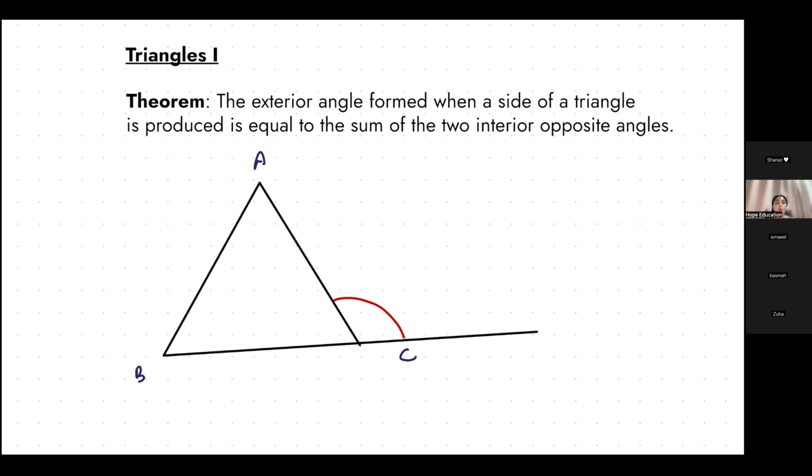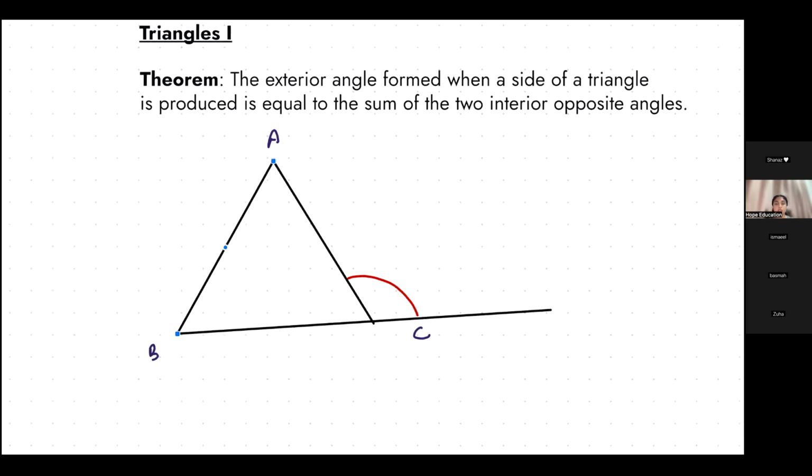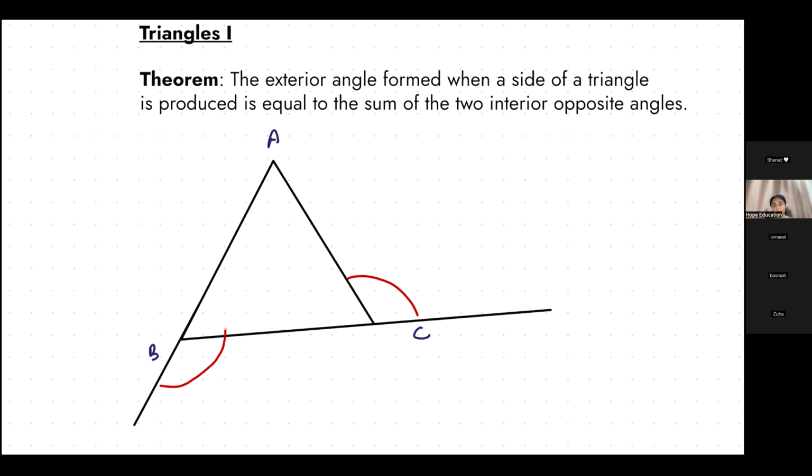Or let's say a different side, let's take AB. If you produce AB, that means you extend AB like this. The angle that it produces is also an exterior angle. Or if we take another example, let's say you extend the CA side, this is also another exterior angle.